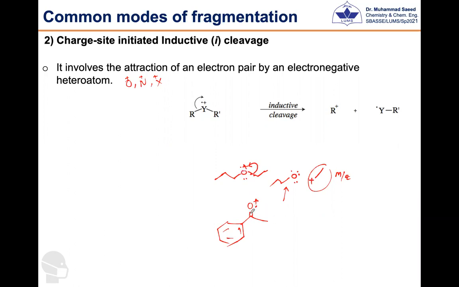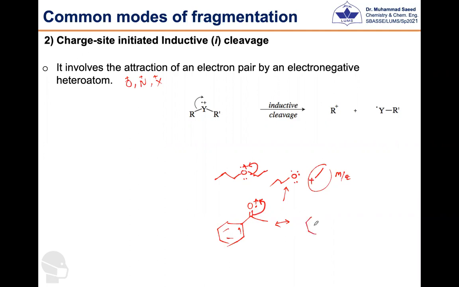But now we have both sigma and pi bond between oxygen and carbon. So when you pull the electron from the adjacent bond and place them on the positive charge, they will go from the pi electron, from the double bond.